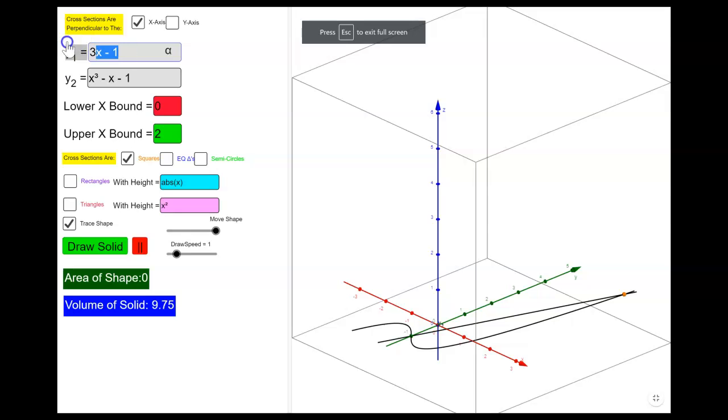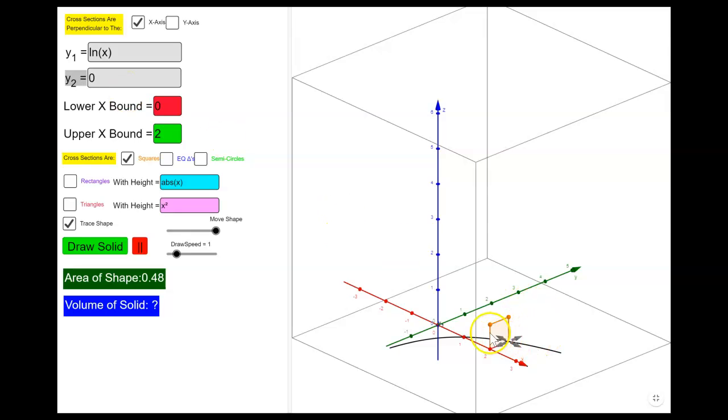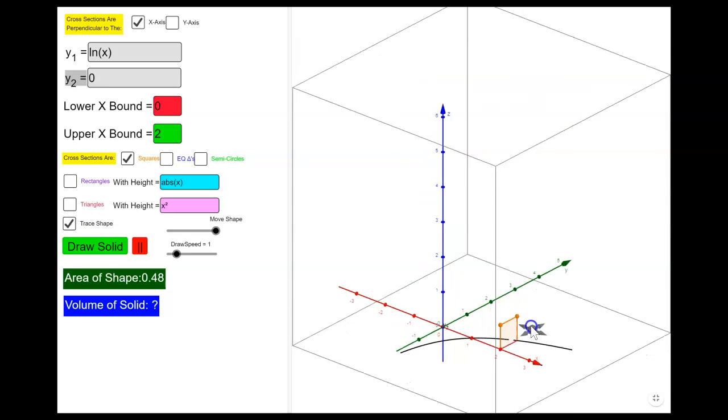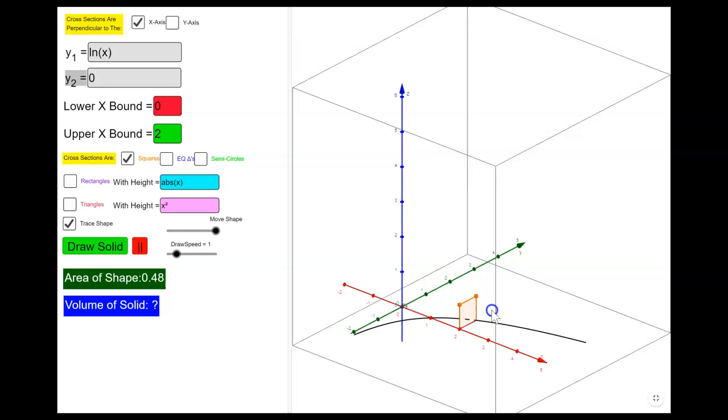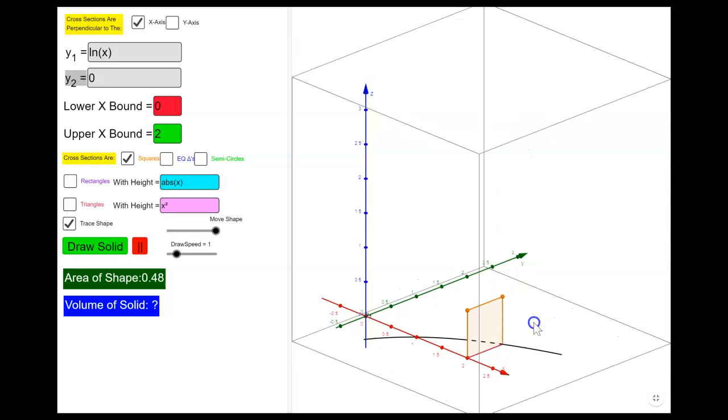Alright, so let's go ahead. My upper bound was ln of x, natural log of x. My lower bound was just 0. So we're seeing that happening down here. I'm going to go ahead and shift this a little bit, move it over there and maybe zoom in on the region that we're going to be looking at.